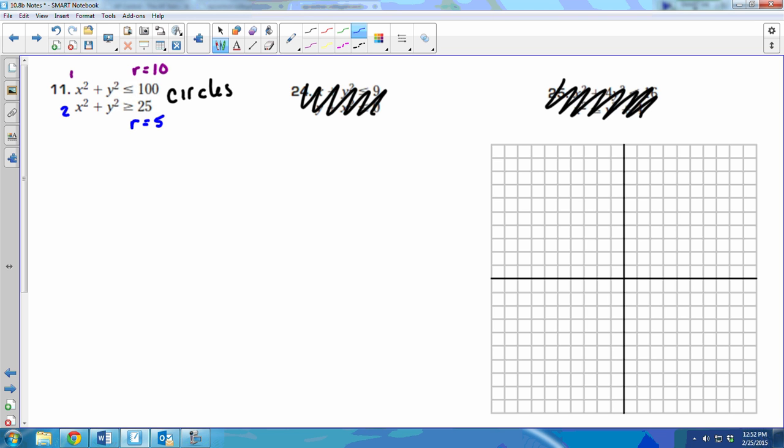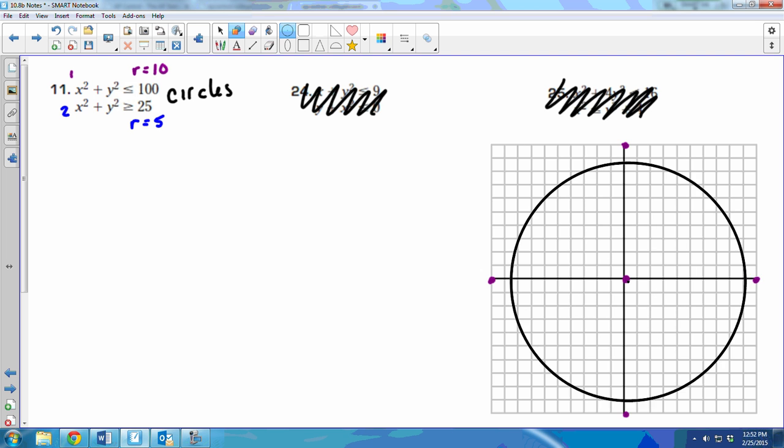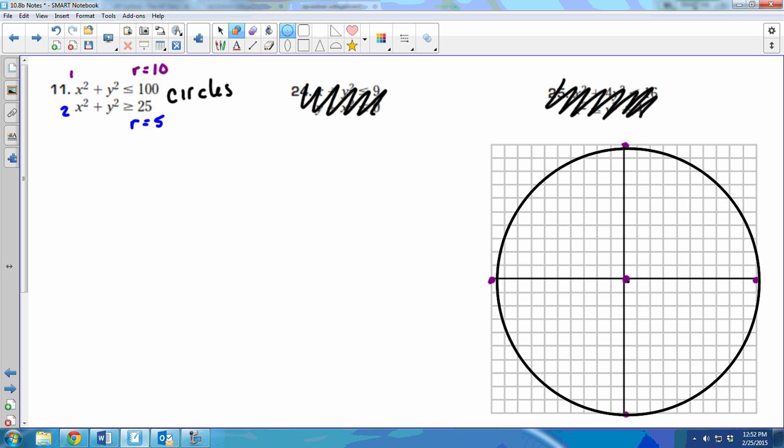Okay, great. I could graph these circles right now. Both of them are greater than or equal to or less than or equal to, so they're both solid. That's nice. I'm going to go ahead and graph the circle. So for the first one, you start at 0, 0. You go out to 10 in every direction. I'm going to cheat and use my circle tool. And you guys are going to do the best you can and not make them look like squares.